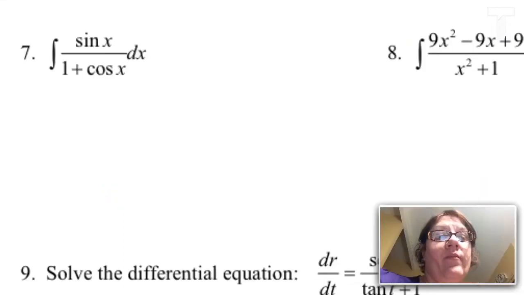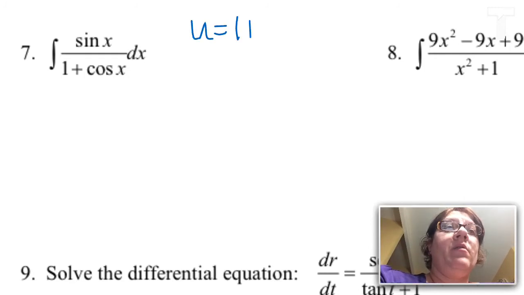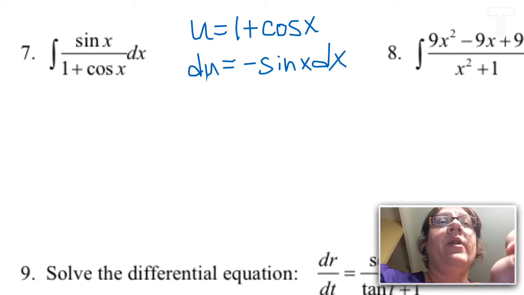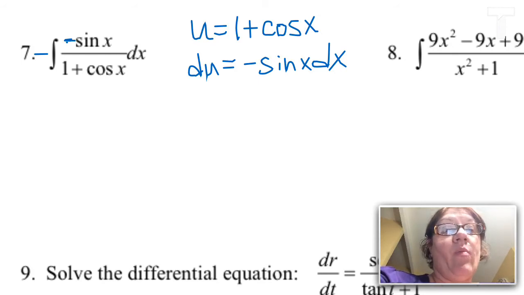Perfect. So again, I don't want to have any sums or differences in denominators. So I'm going to let the denominator be u. And then if I take the derivative of it, the derivative is negative sine x dx. So I need to put a negative in there and a negative out front to compensate for that negative, because I'm really multiplying by 1.